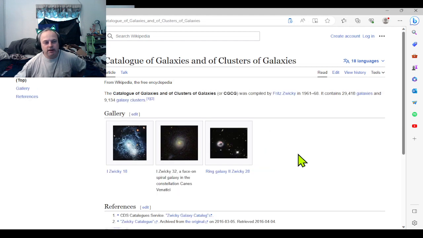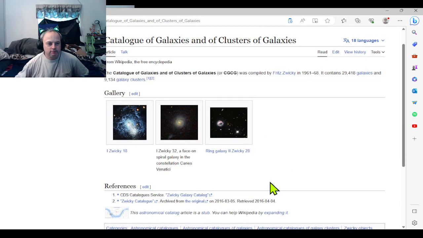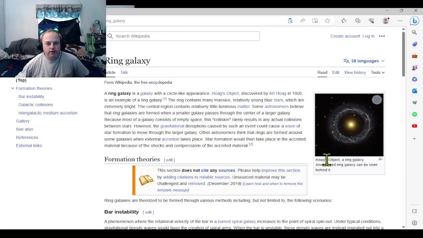So this catalog of galaxies, yeah, they're out there. It's a ring galaxy. It formed, it collapses. One of these was in a collision. Because most of a galaxy consists of empty space, the collision rarely results in any actual collisions between stars because they're so small relative to the space.